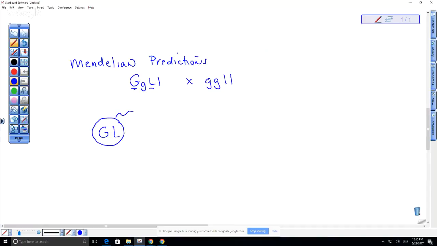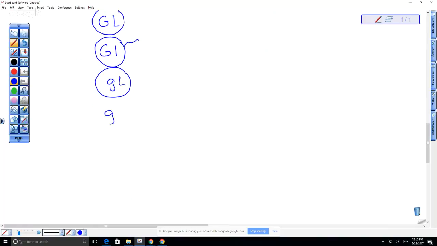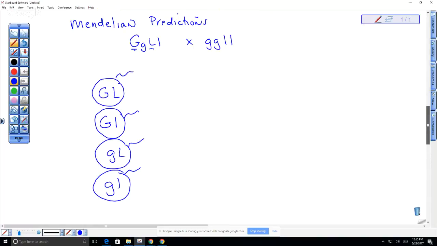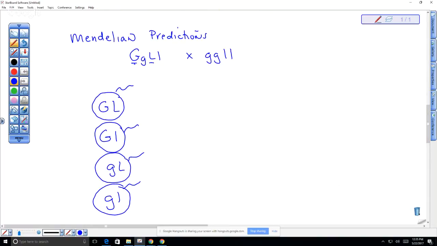I could have big G, little l as another sperm. I could have little g, big L, and little g, little l. So those are all the possible combinations that I could get if they're not linked, right? So Mendelian predictions, they would not be linked.